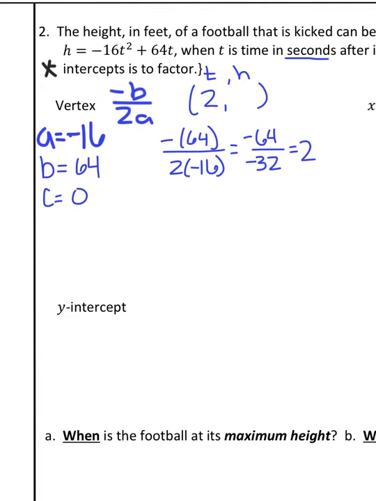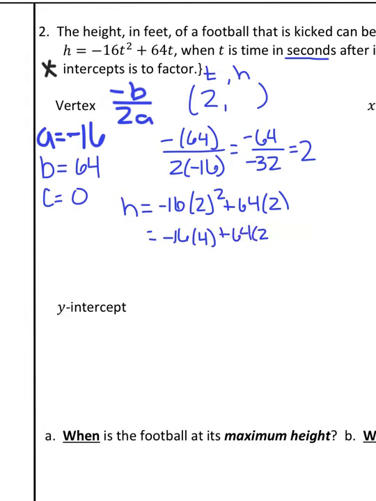And then we're going to find the y-coordinate, right? So then we have h equals negative 16 times 2 squared plus 64 times 2. Plugging in and solving, negative 16 times 4 plus 64 times 2, which is negative 64 plus 128.